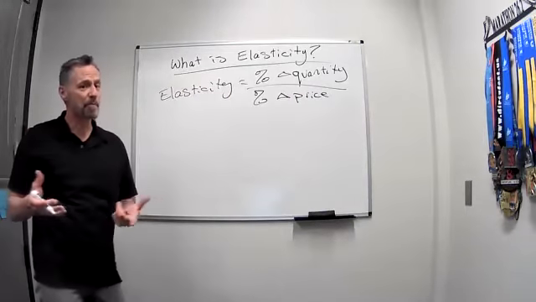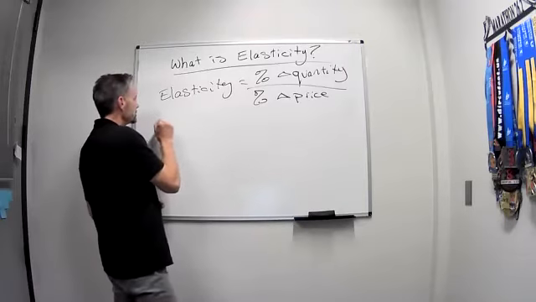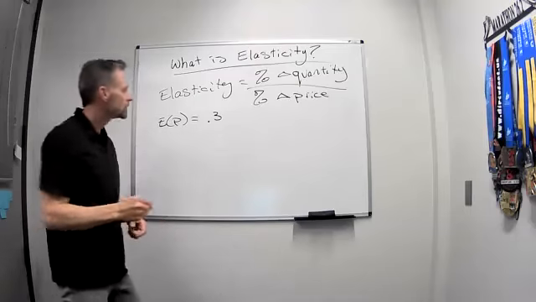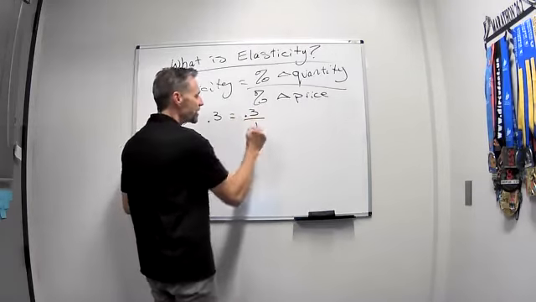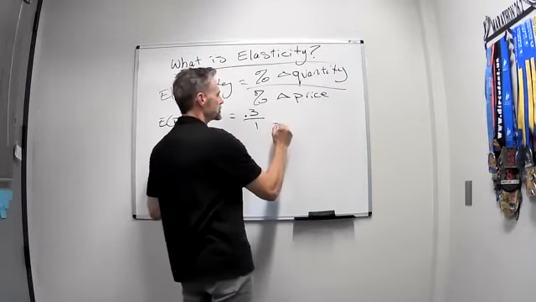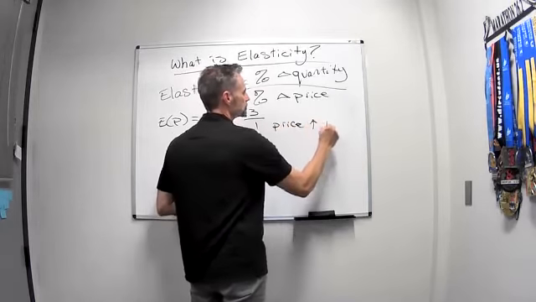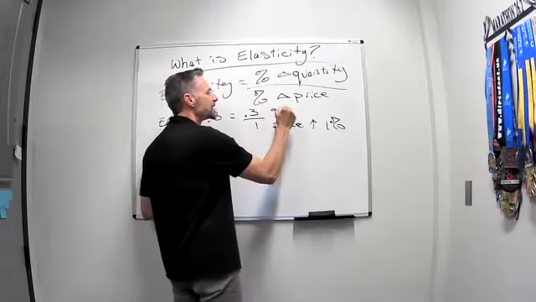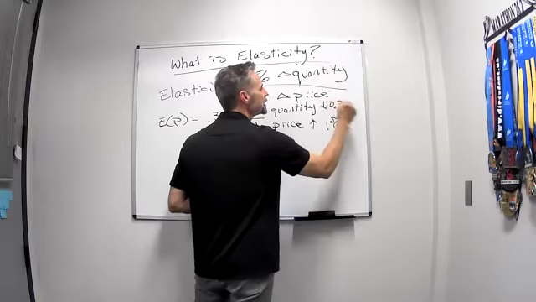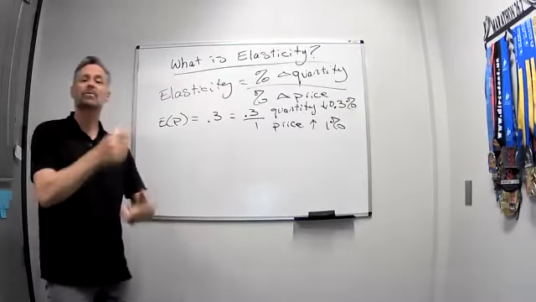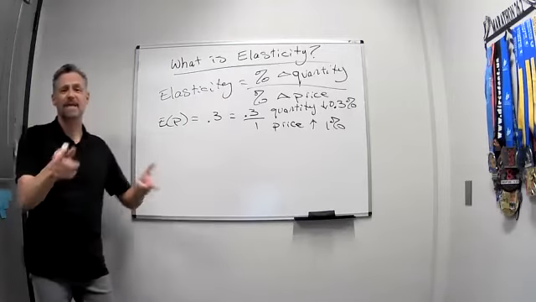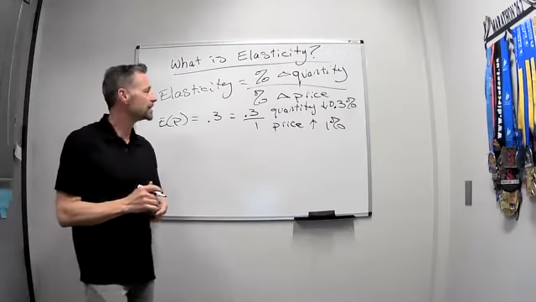And so if we get a number such as the elasticity is 0.3, we can think of it this way: if the price goes up 1%, then the quantity actually goes down 0.3%. And we'll see why those go in different directions, even though we're showing this as a positive number. And that's because of how we're going to deal with the formula.